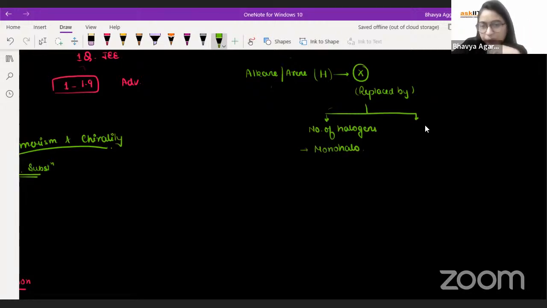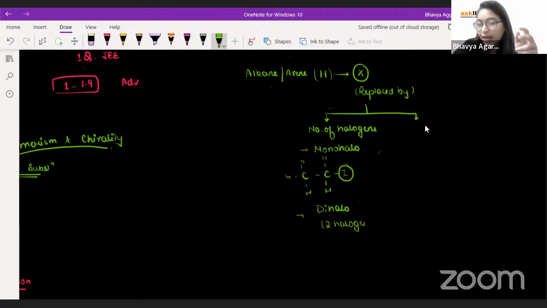For example, this one. There is only one hydrogen which is substituted by halogen. So this is a monohalo compound; dihalo compounds if a compound has 2 halogens present in it. Right. Trihalogen derivatives, polyhalogen derivatives, etc.